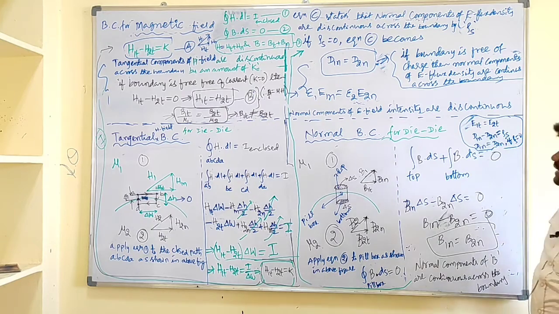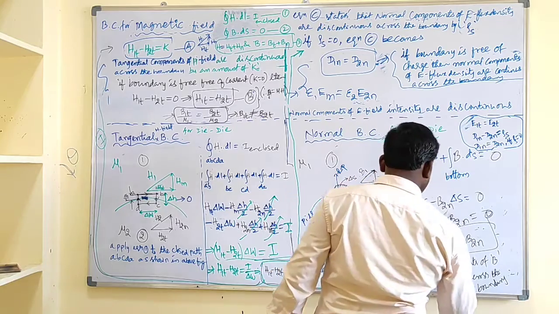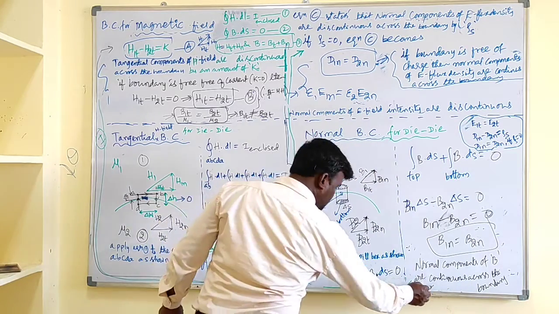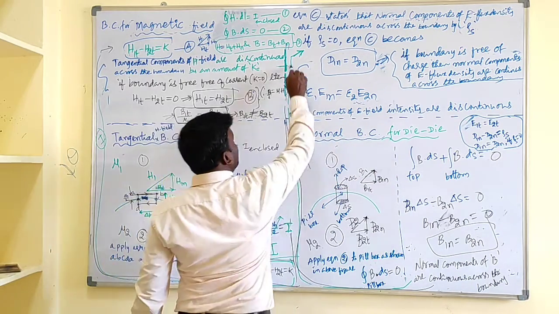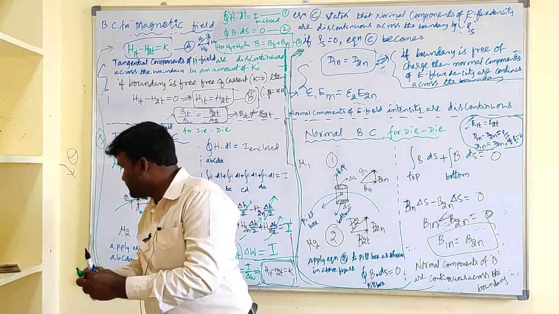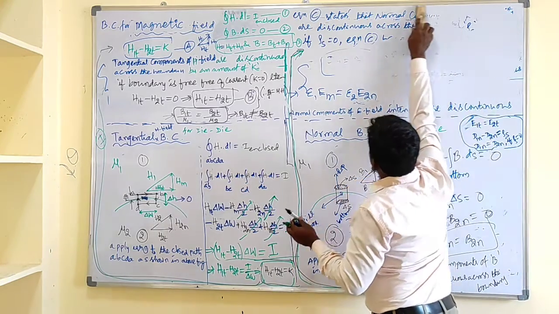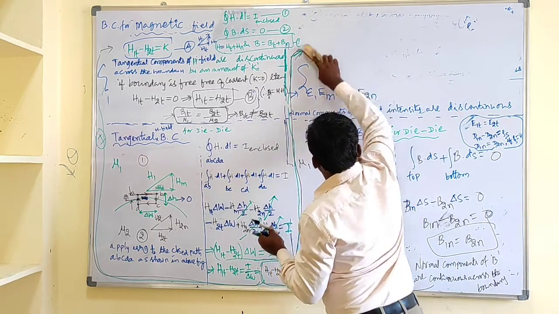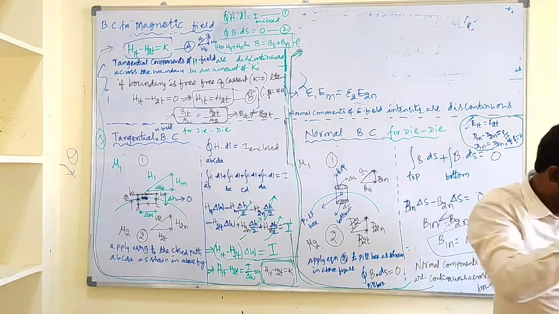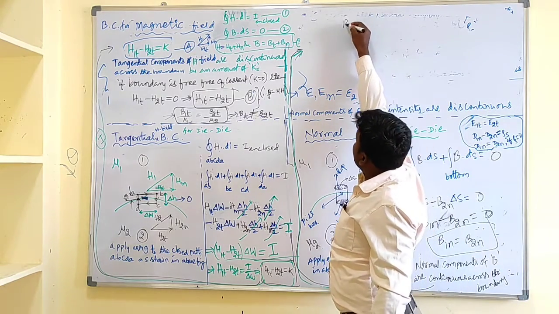From this we can write, after this go here. No need to consider that part, that is free of charge. We have B1n equal to B2n.